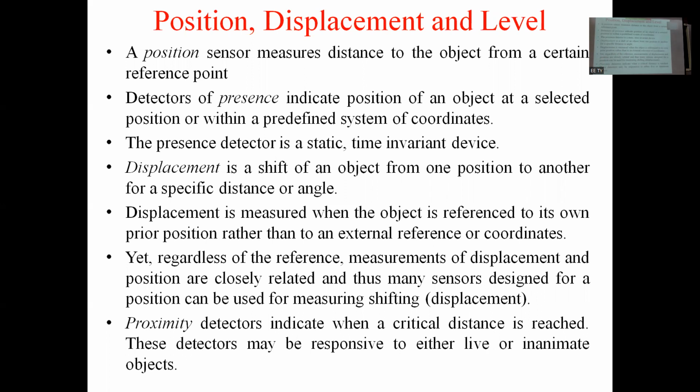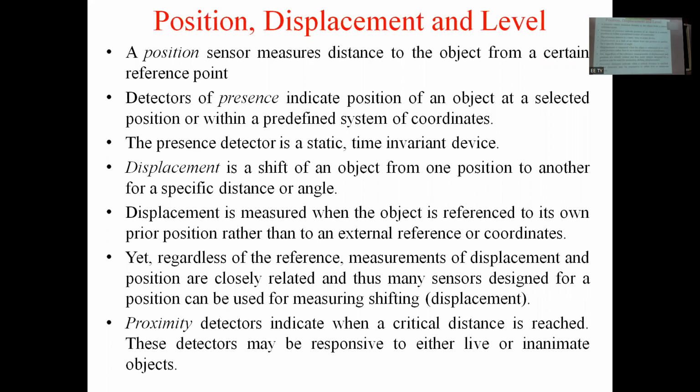Suppose any one of the sensors is used to detect displacement, or it may be position. Suppose here is one reference position. From that reference position, the distance to that object will be detected by a position type of sensor.